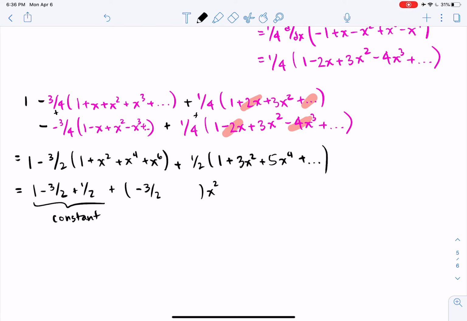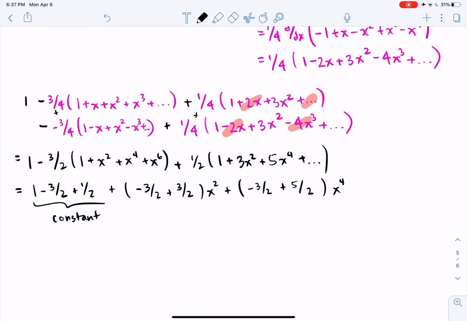Ooh, that's odd, right? Oh yeah, okay. And then let's go to our x to the 4th term. So we have a negative 3/2 x to the 4th on the left-hand side and a positive 5/2 x to the 4th term on the right-hand side.